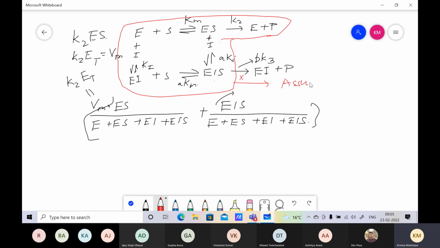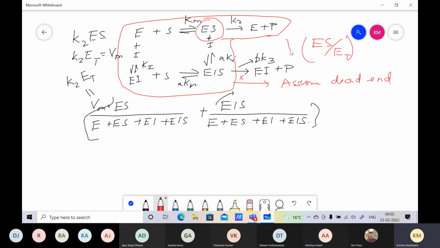This reaction is not taking place. So assume dead-end. In which case, as far as we are concerned, we are simply interested in the fraction of ES upon ET. The fractional saturation is ES upon ET. Right? Yes, ES upon ET. Yes, sir.